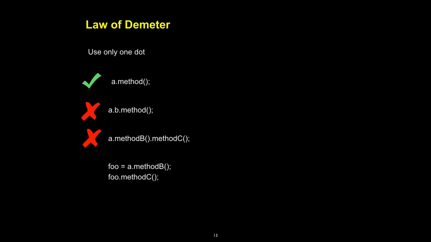This is slightly better in the sense that to declare foo, at least in Java, we know what type it is, so now at least we know what we're dealing with as opposed to hiding it with a chain method. But again, we're getting this hidden coupling to whatever foo is. And so that violates the law of Demeter.